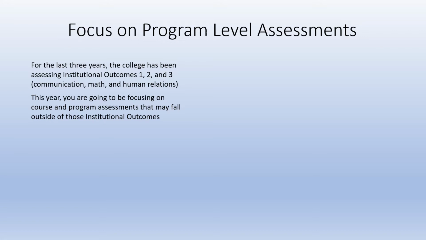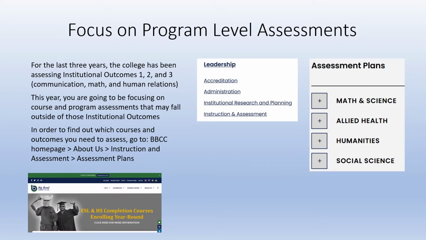of those institutional outcomes. In order to find out which courses and outcomes you need to assess, go to the Big Bend homepage, About Us, and then Instruction and Assessment, and it will pull up the assessment page, and then you'll scroll down until you get to Assessment Plans.